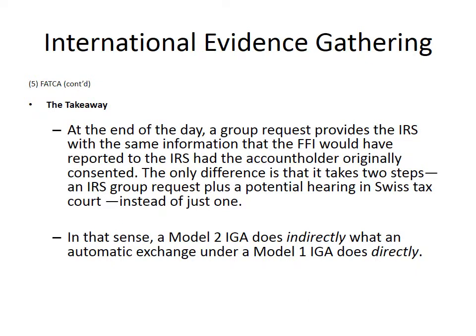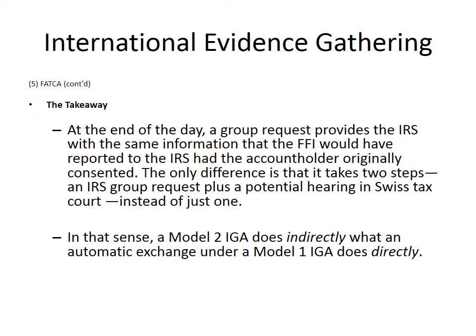So what's the takeaway? At the end of the day, a group request provides the IRS with the same information that the foreign financial institution would have reported to the IRS had the account holder originally consented. The only difference is that it takes 2 steps now instead of just 1. And by 2 steps, I'm referring to not only the IRS group request, but also a potential hearing in Swiss tax court.